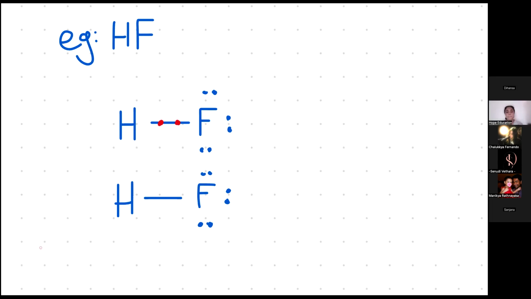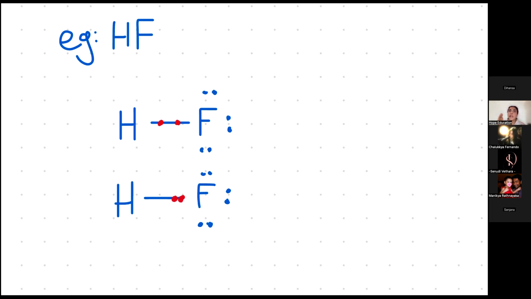What actually happens is that fluorine has a higher electronegativity, so the electrons come closer to fluorine, and they will stay closer to fluorine.